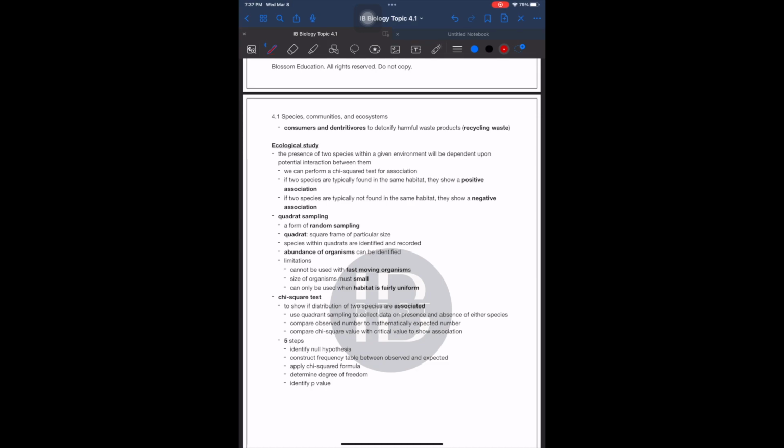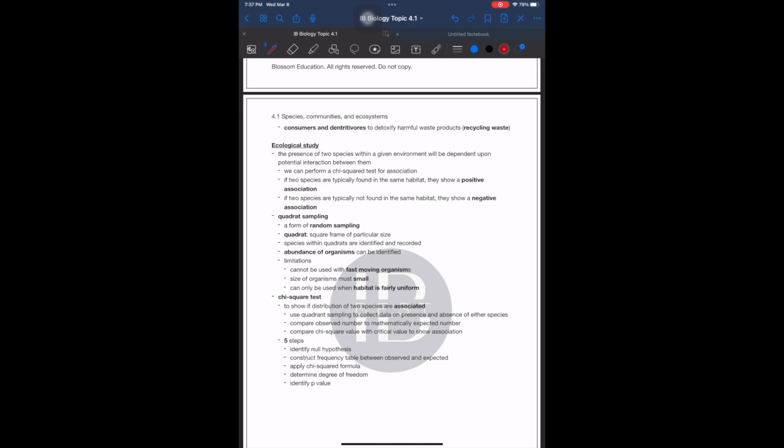So this is an example of an ecological study, where we would look at whether two species are likely to appear together. To conduct this, first we would have to sample or count the number of the two species of interest, and we can do this by quadrat sampling, which is a form of random sampling.